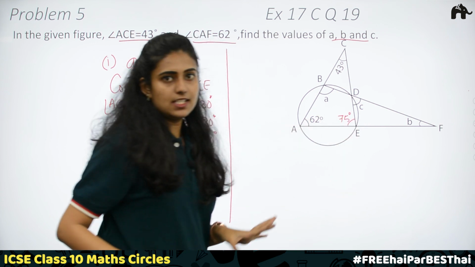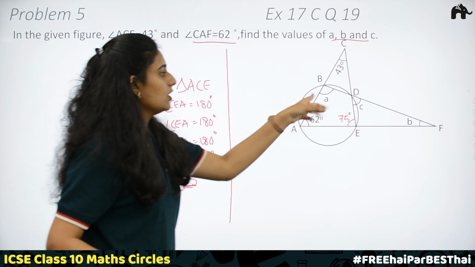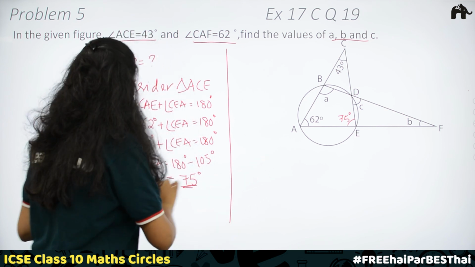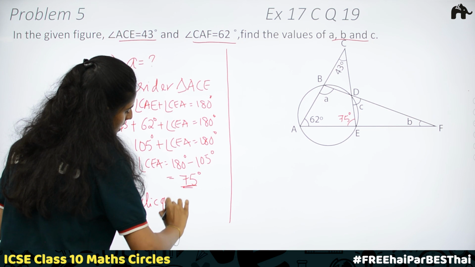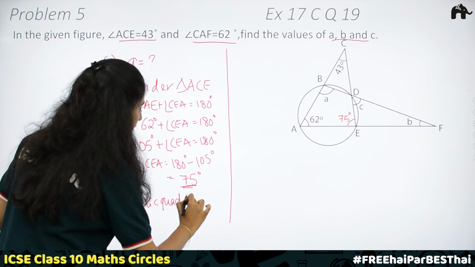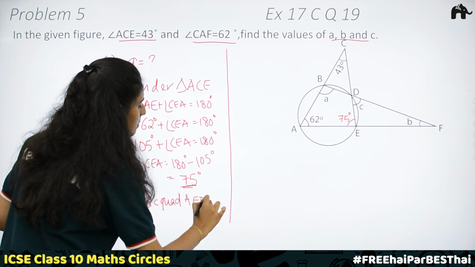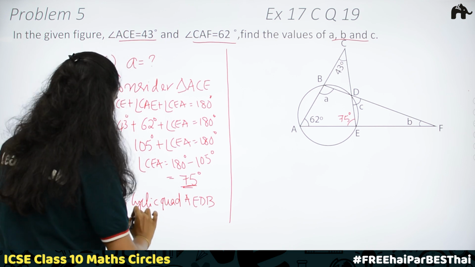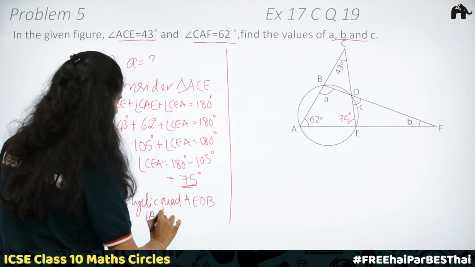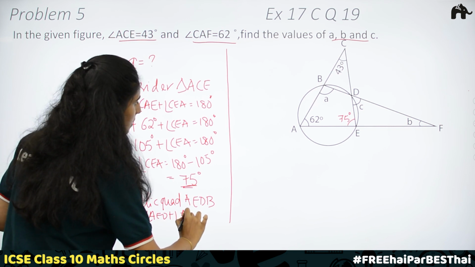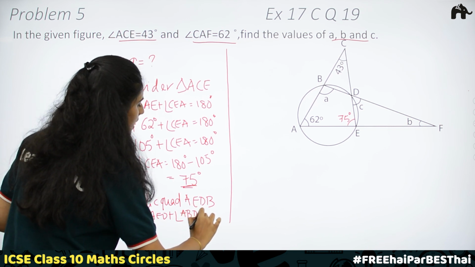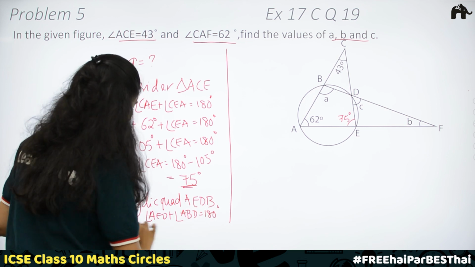If this angle is equal to 75 degrees, how can we find A? In cyclic quadrilateral AEDB we will be having angle AED plus angle ABD equal to 180 degrees. What is the reason?